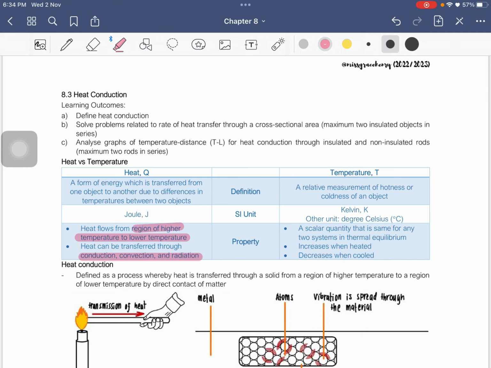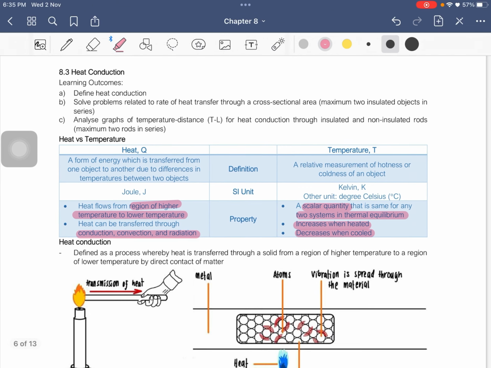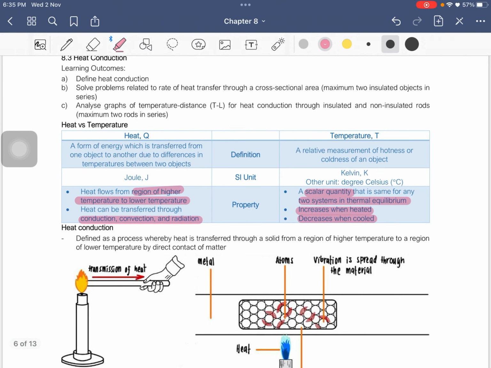Temperature pula is a scalar quantity that is the same for any two systems that has reached thermal equilibrium. So the temperature would increase when it is heated, decrease when it is cooled down. Okay, so that is on heat and temperature.